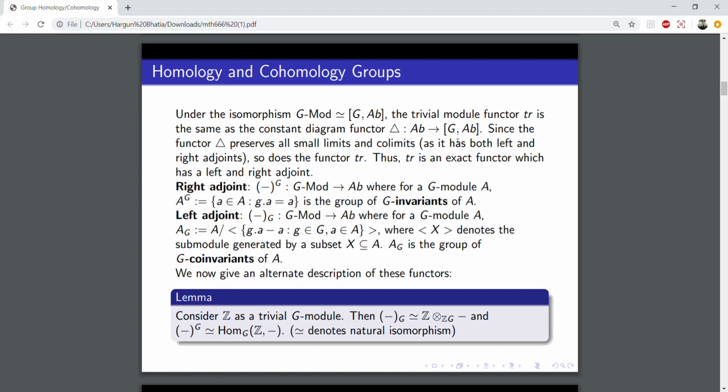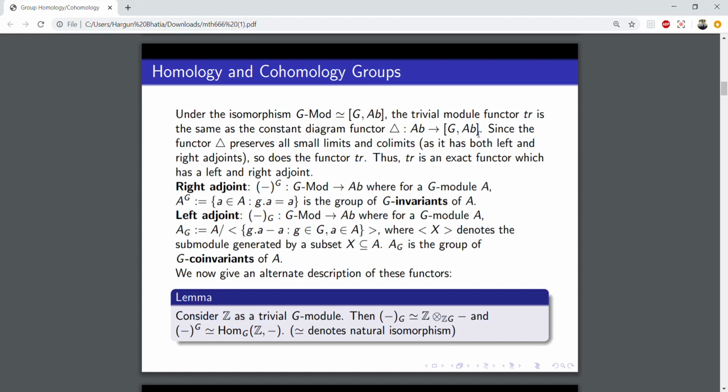Now, since the category of abelian groups has all small limits and colimits, this functor has both left and right adjoints, because the left adjoint of this functor is the colimit and the right adjoint is a limit.